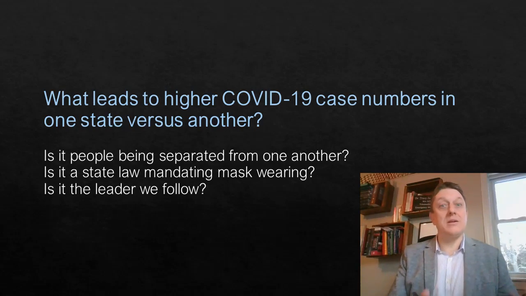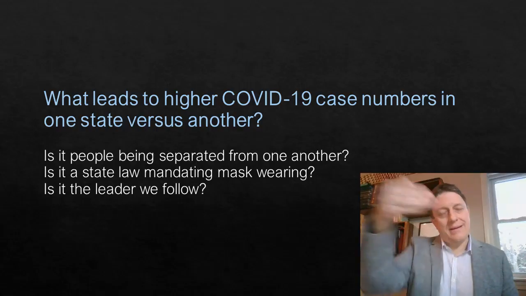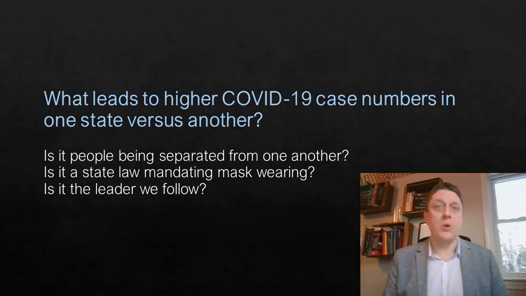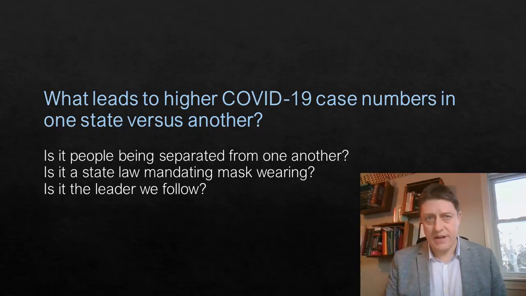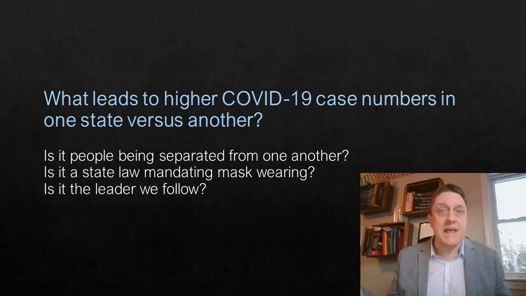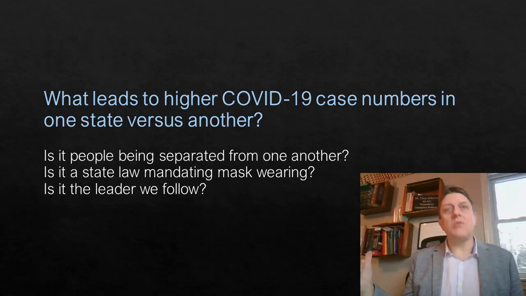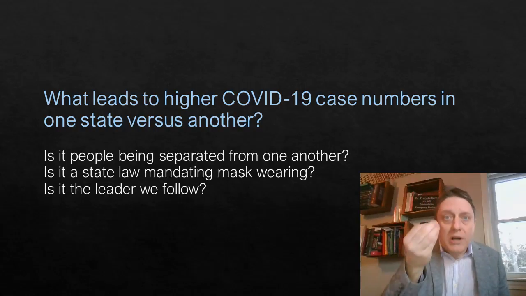Well, in the year 2020 and into early 2021, which is where we are on February 8th, the day that I'm recording this video, who is that one leader in the United States that is most associated with opinions about COVID-19 most strongly?